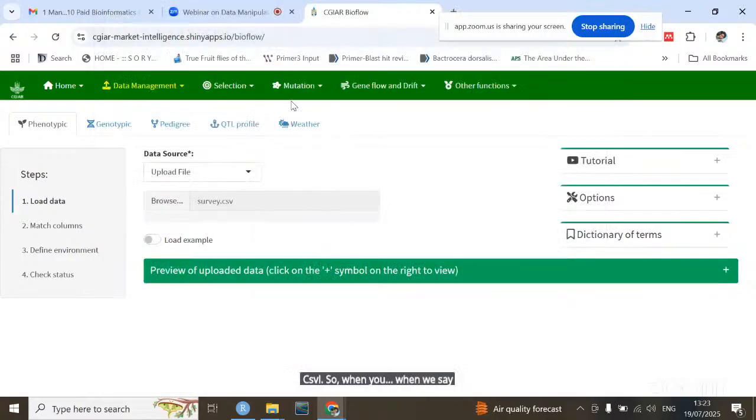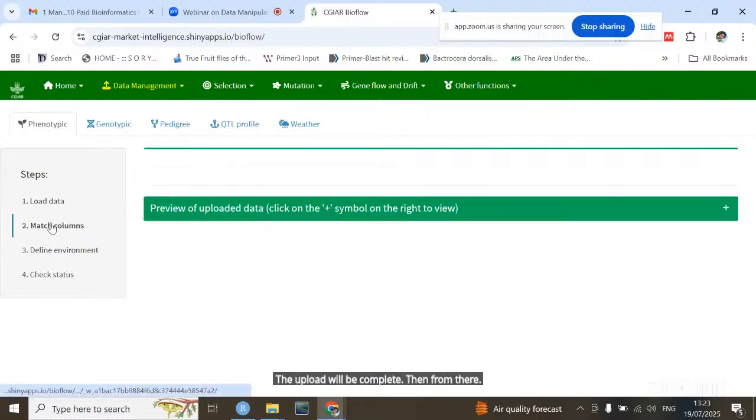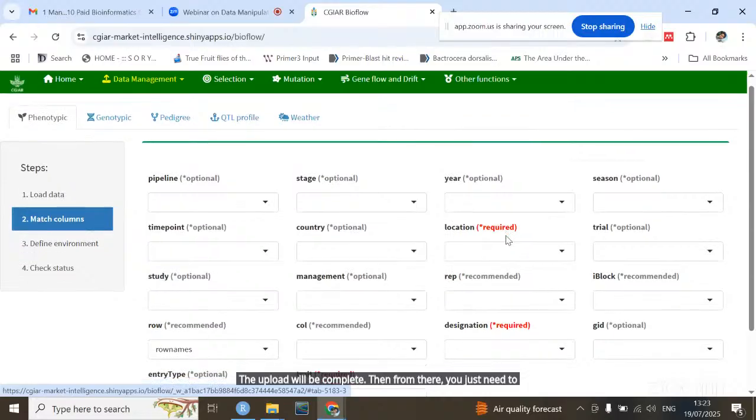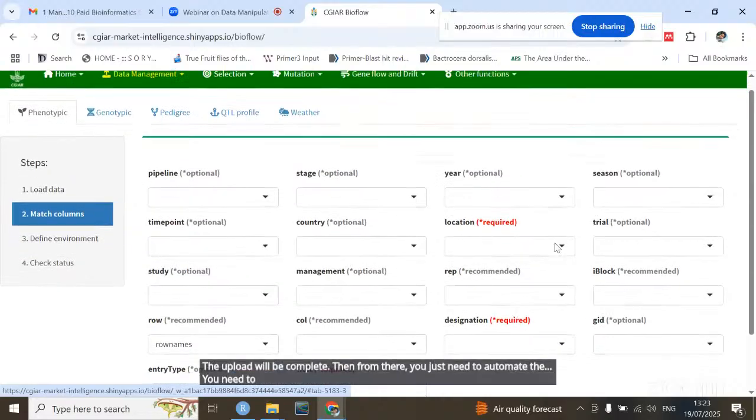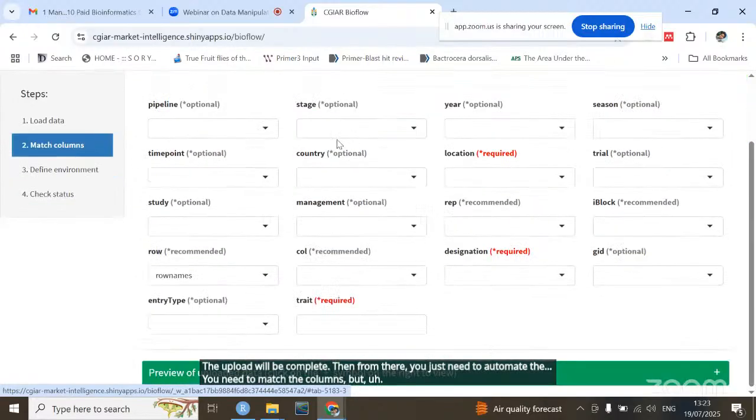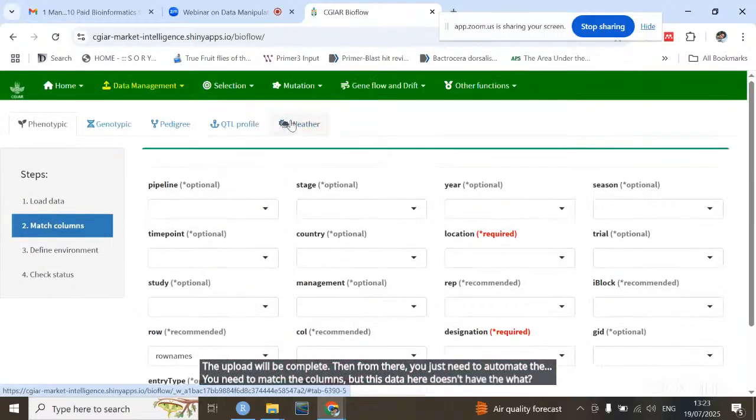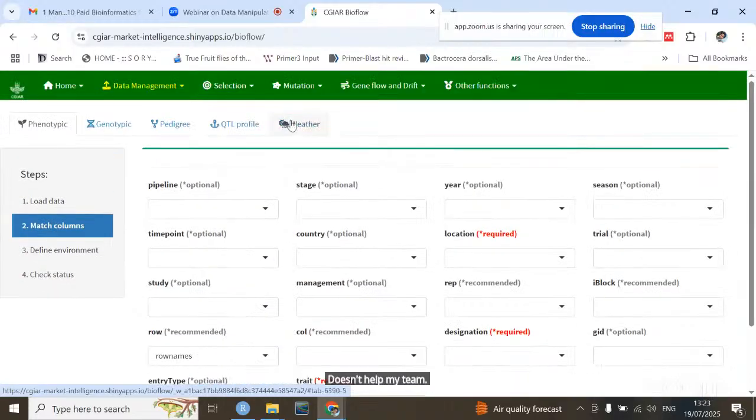If you bring in this data, the upload will be complete. Then from there, you need to match the columns. This data here doesn't have many of the important columns, because I don't have the breeding data.